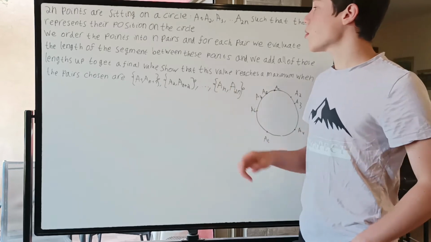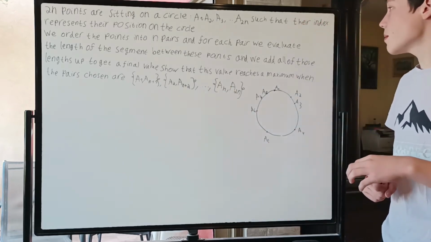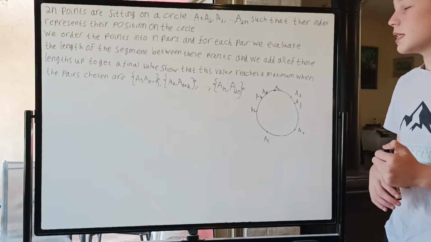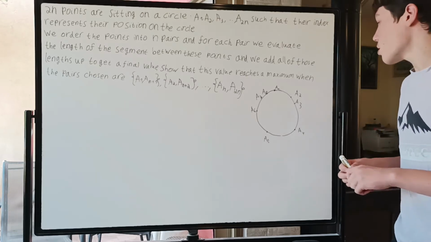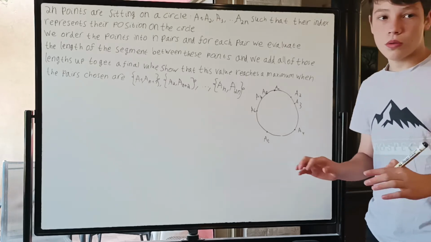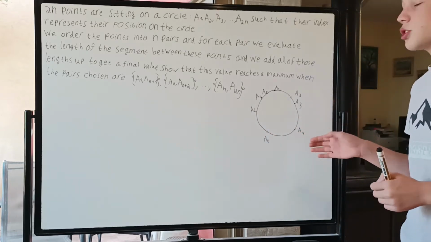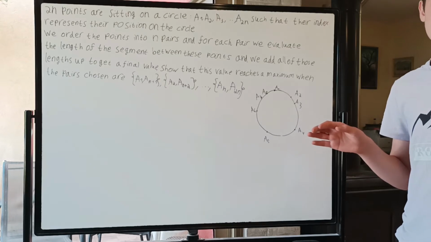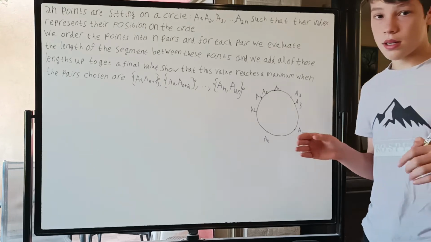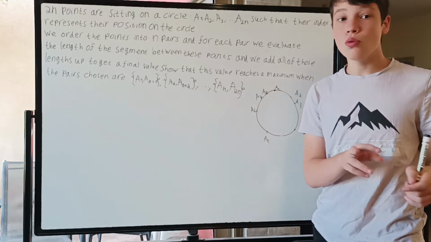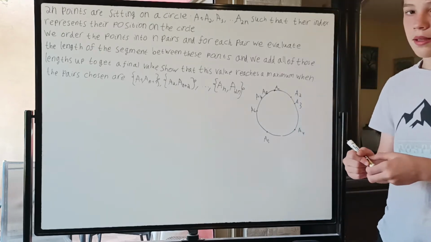We order the points into n pairs, and for each pair, we evaluate the length of the segment between these points. So we're ordering these into, say, 4 distinct pairs, such that all points are in the pairs and no point is in 2 pairs simultaneously.